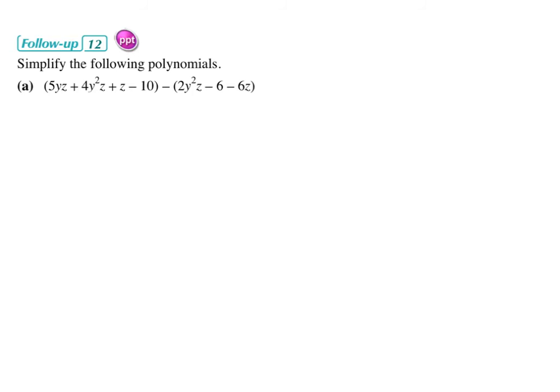Okay, now I will do this question with you together. So first of all, this is a minus. So remember to change the sign. Okay, so that means minus will become positive. Positive will become minus.